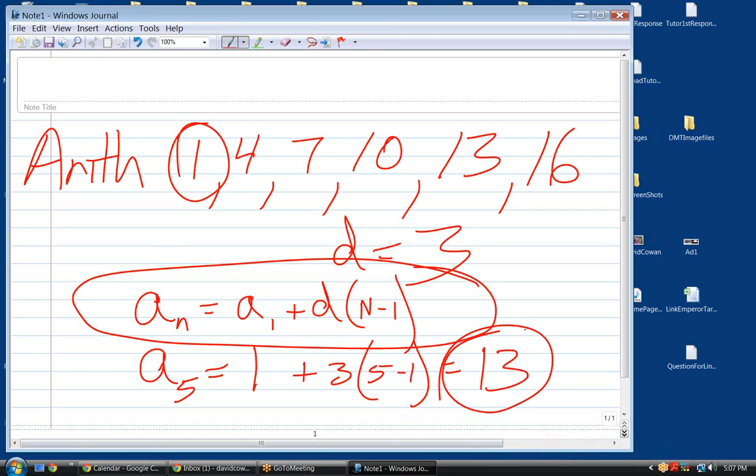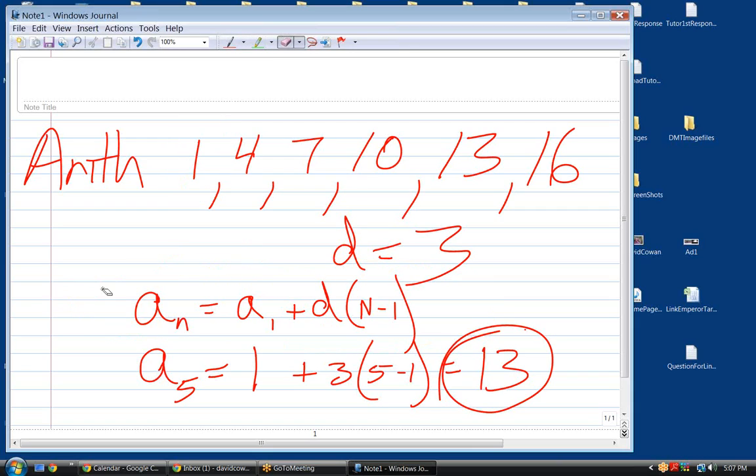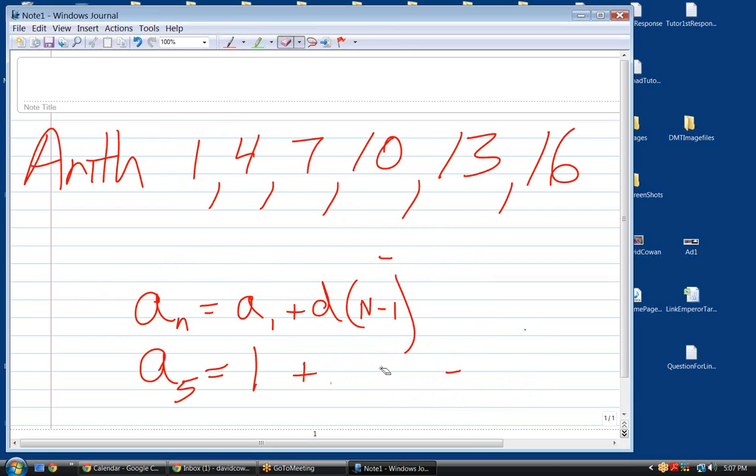If I said what is the 400th term in this sequence, it'd be hard to write out 400 terms, right? But we could do it easily if we knew that formula. d would still be 3, a sub 1 would still be 1, but n would be 400, and then whatever we get is the answer. So that's the essence of arithmetic sequences, and this is the thing you want to memorize right here.